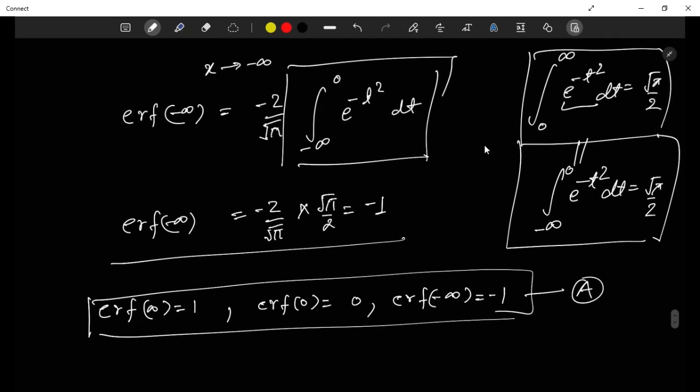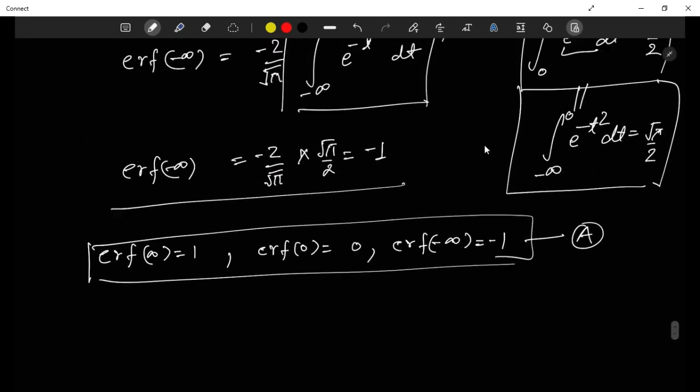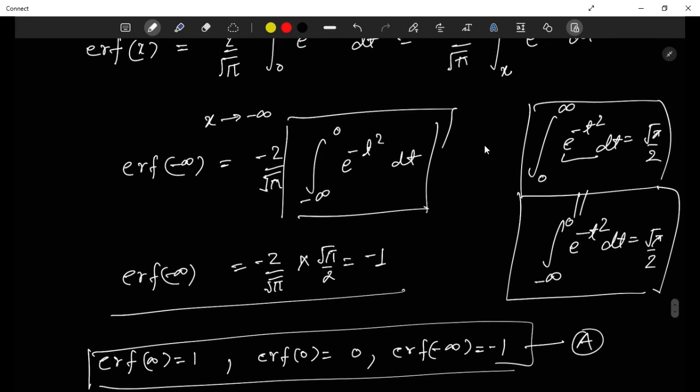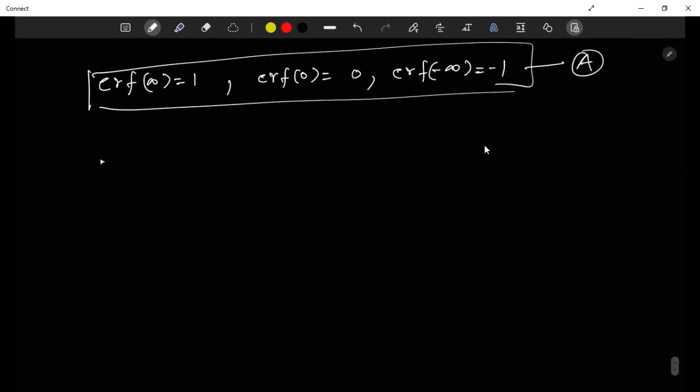Now we can look for one more property which is called the even-odd property of the function. So the exact explicit form of the error function is here, 0 to x, 2 by root pi in front of the integration e to the power minus t square dt.